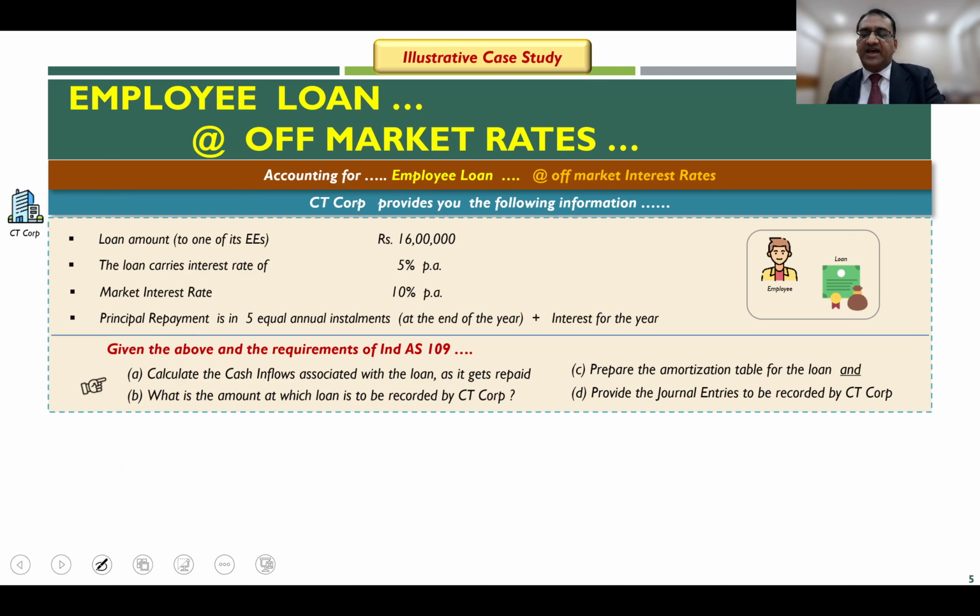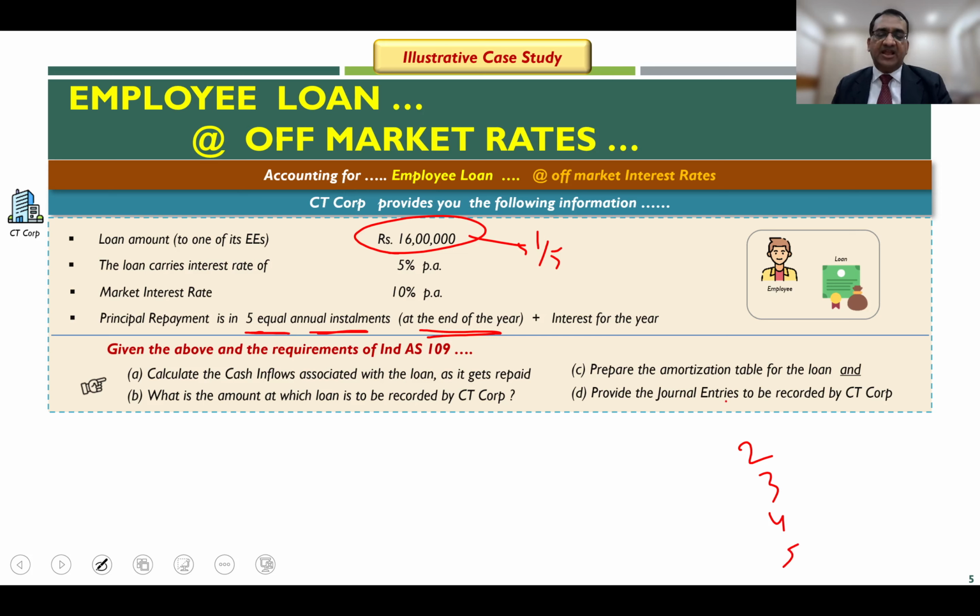Now, assume further that contractually this loan of 16 lakhs is repayable in 5 equal annual installments at the end of the year. That means 1/5 of this amount will be paid at the end of year 1, and the same 1/5 will keep getting repaid at the end of years 2, 3, 4, and 5.